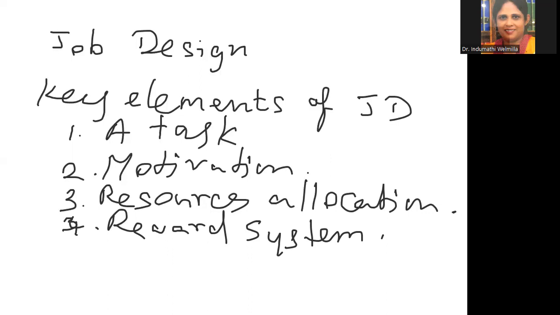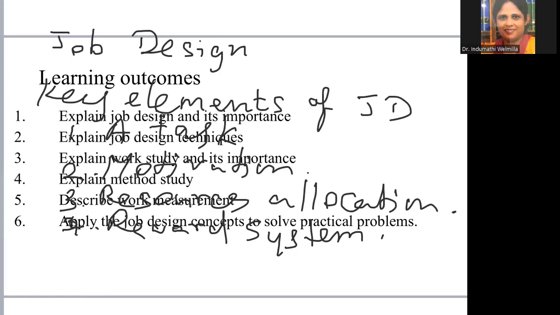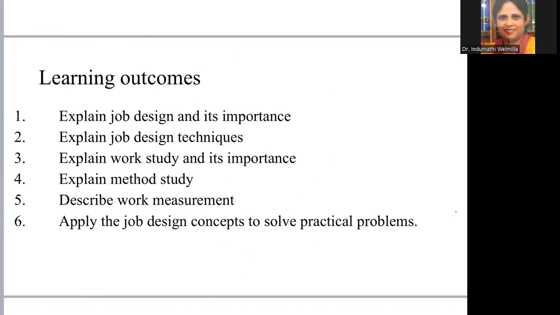So this is about job design. I think now you can clearly explain what job design is. Shall I move to the next learning outcome, that is, explain job design techniques? Now we have to talk about the job design techniques.